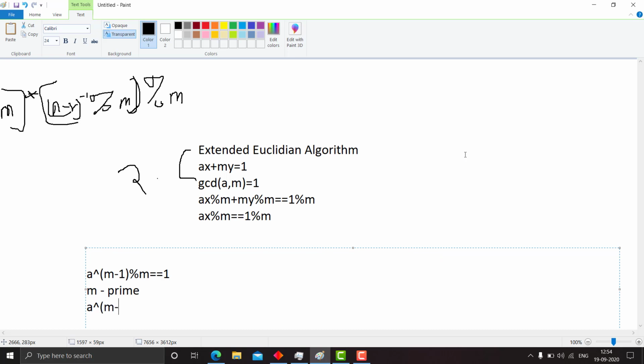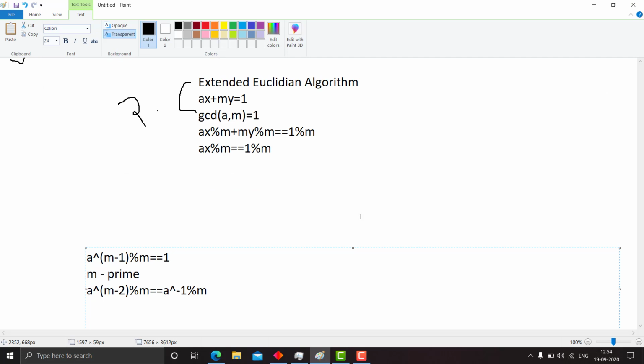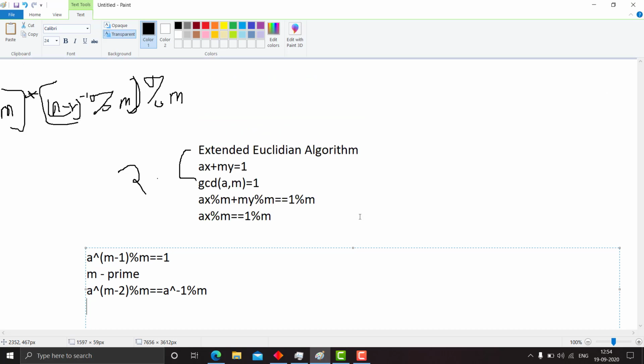So a raised to m minus 2 mod m is equal to a raised to minus 1 mod m. Hence we just need to calculate a raised to m minus 2.